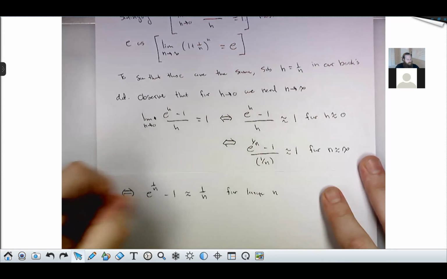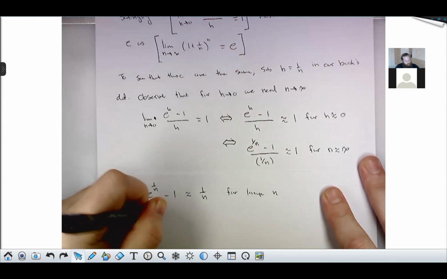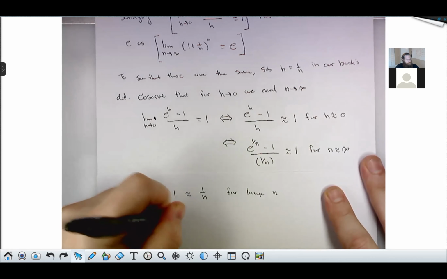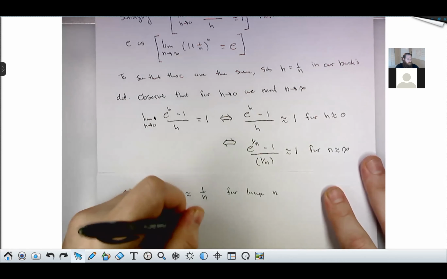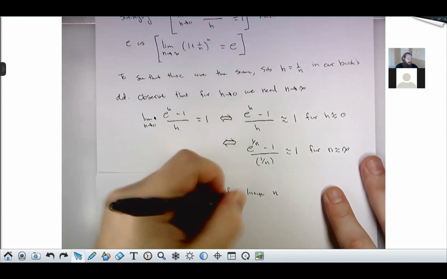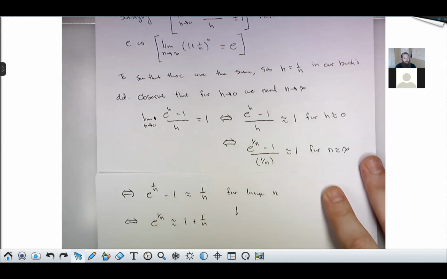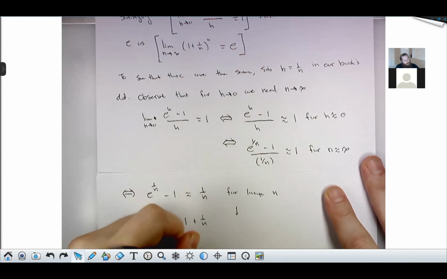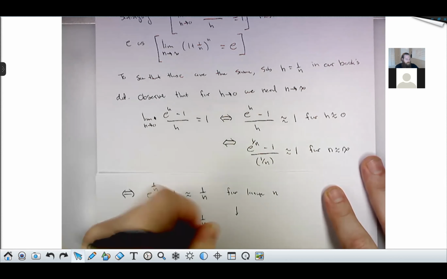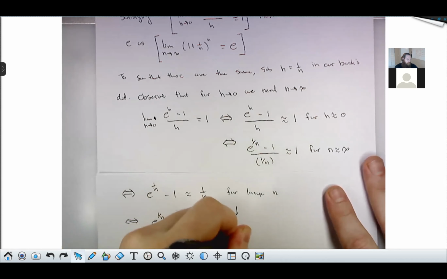Now I add 1 to both sides, and I get e to the 1 over n is approximately equal to 1 plus 1 over n, again, for large n. And now I'll raise both sides to the nth power, and I get e is approximately equal to (1 plus 1 over n) to the n, again, for big values of n.